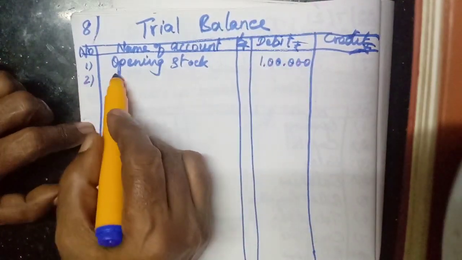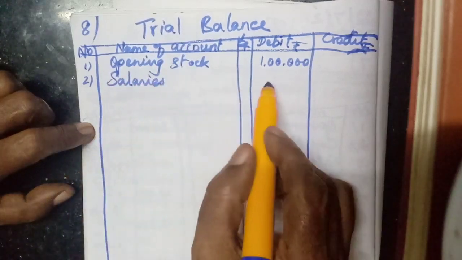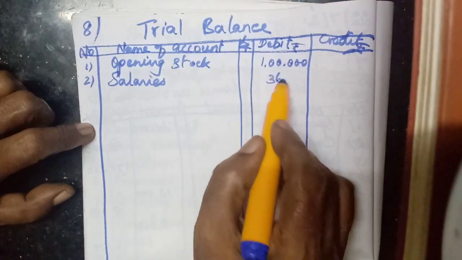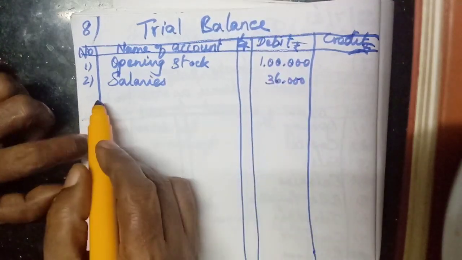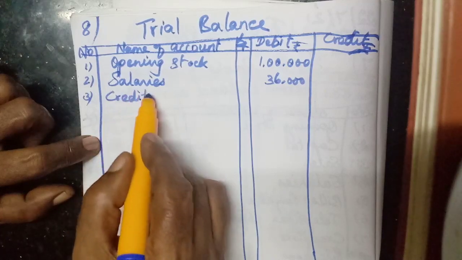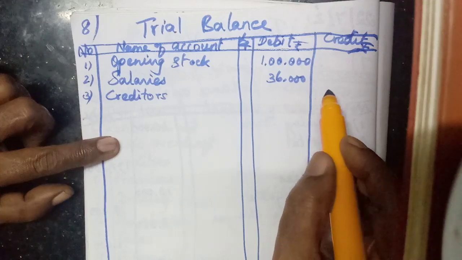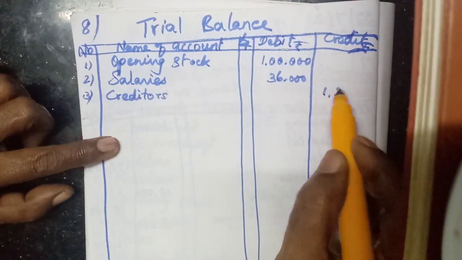Salaries, 36,000. Correct, debit only. Creditors. Creditors should be credited, 1,32,000. They have done wrongly.